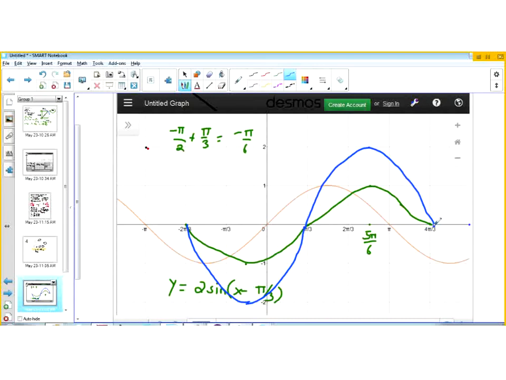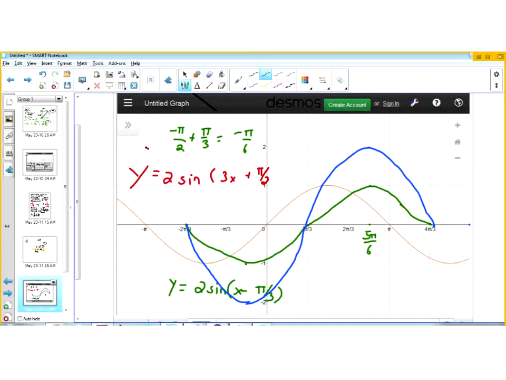All right, so don't forget, if there were a multiplier, I didn't do too many examples, but if we had something like, say, y is equal to 2 times sine of 3x plus pi halves.